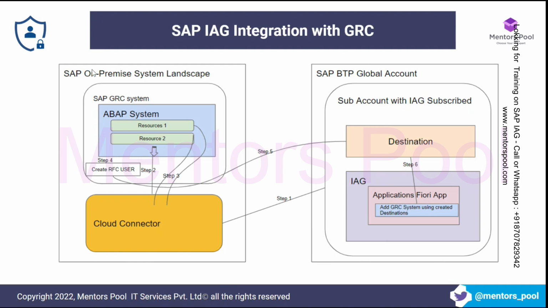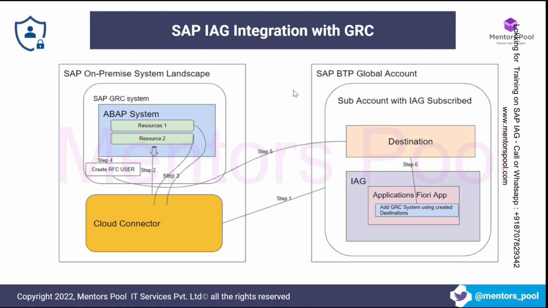We are trying to integrate our SAP GRC system with our IAG. This is our on-premise landscape where we already have a GRC system available, and we have a cloud connector configured as well. And here we have a SAP BTP global account in which we have a sub account, and this IAG instance is subscribed within this sub account.